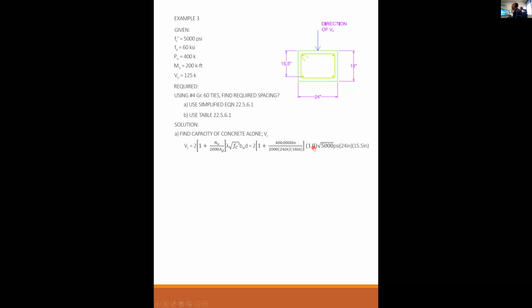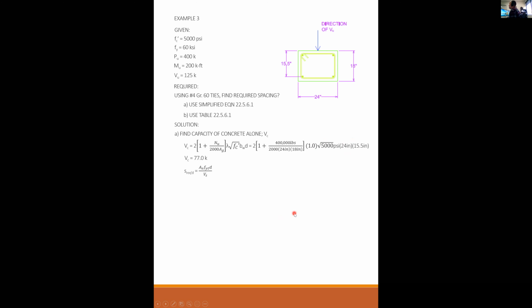If I do not say anything different, always assume the concrete is normal weight concrete. So lambda would be equal to 1. Square root of f prime c, so square root of 5,000, times bw, which is 24, times d, which is 15.5. That all works out to be 77 kips.